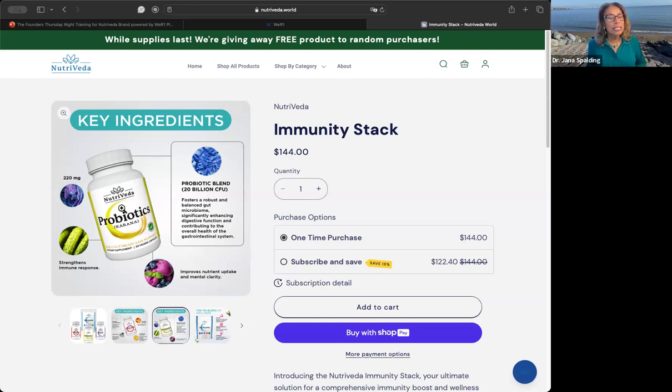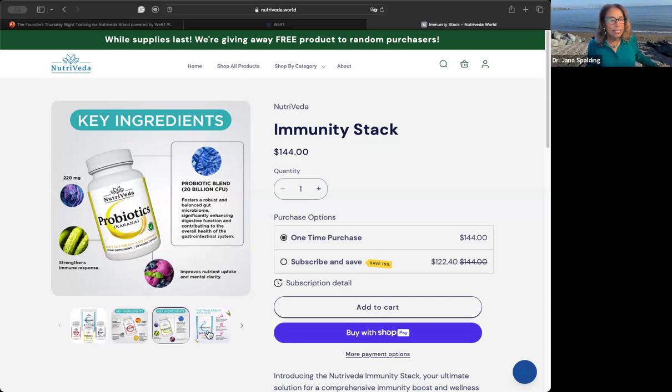So you can see that probiotics strengthen the immune response. It also has so many other benefits. Our gut and our brain are connected, so mental clarity, focus, memory, everything is better when our gut does well.